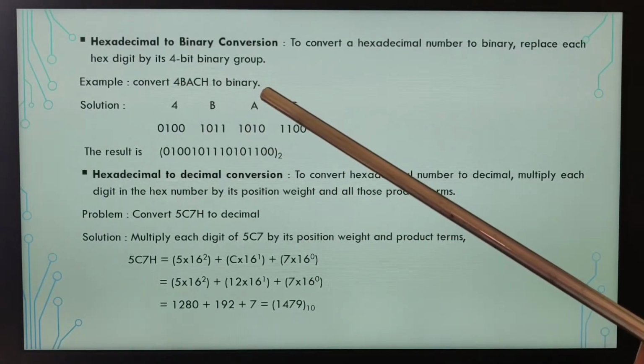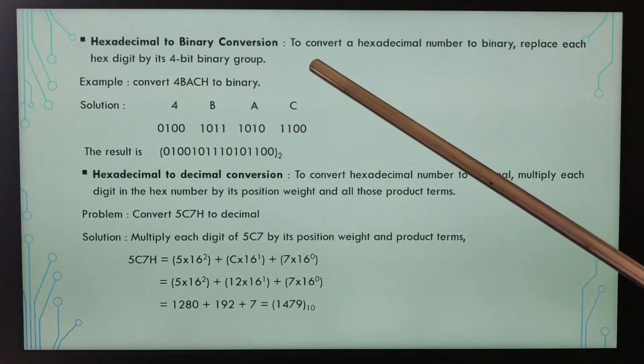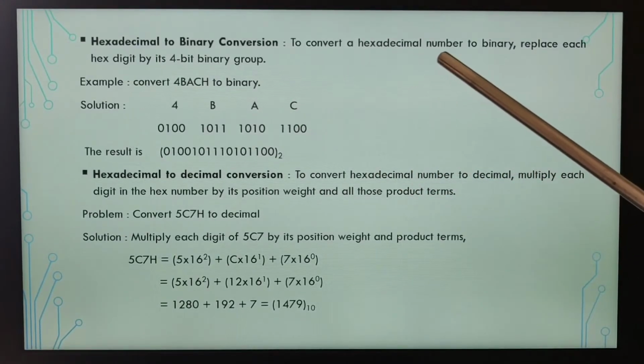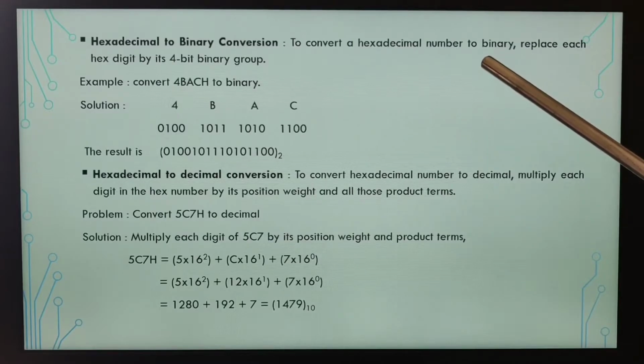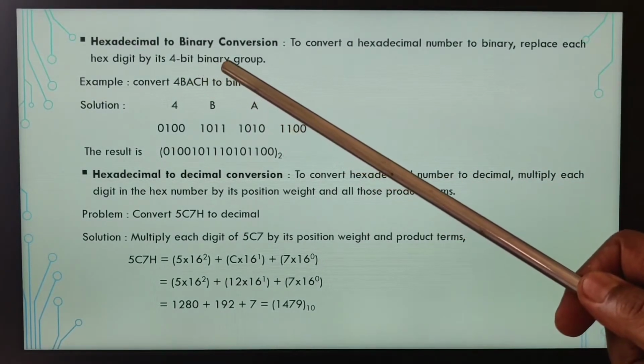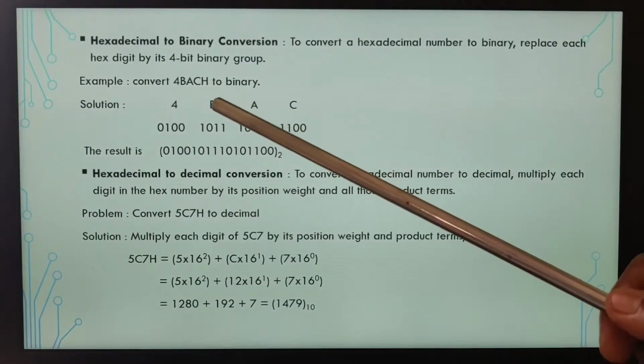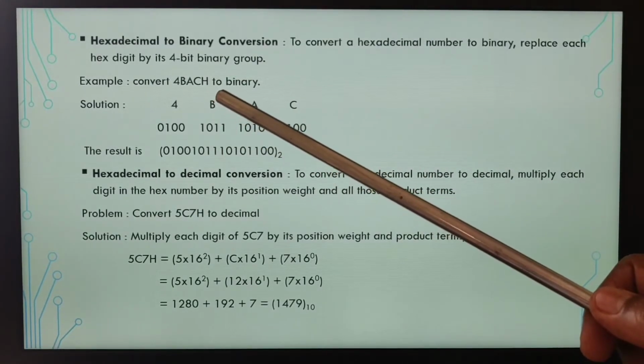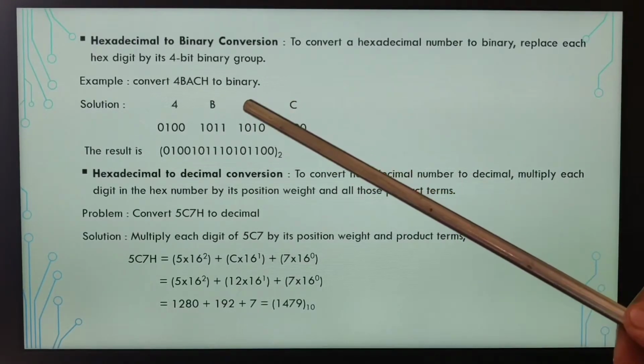The next point is hexadecimal to binary conversion. To convert a hexadecimal number to binary, replace each hex digit by its 4-bit binary group. Consider the example: convert 4BAC hex to binary.